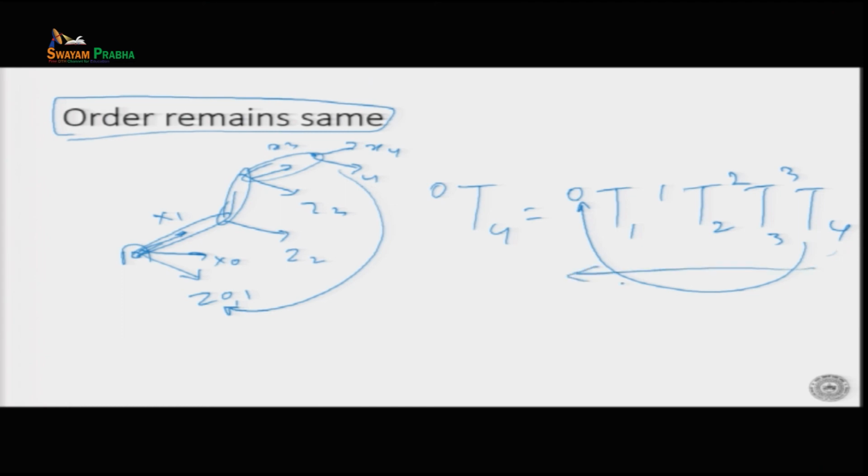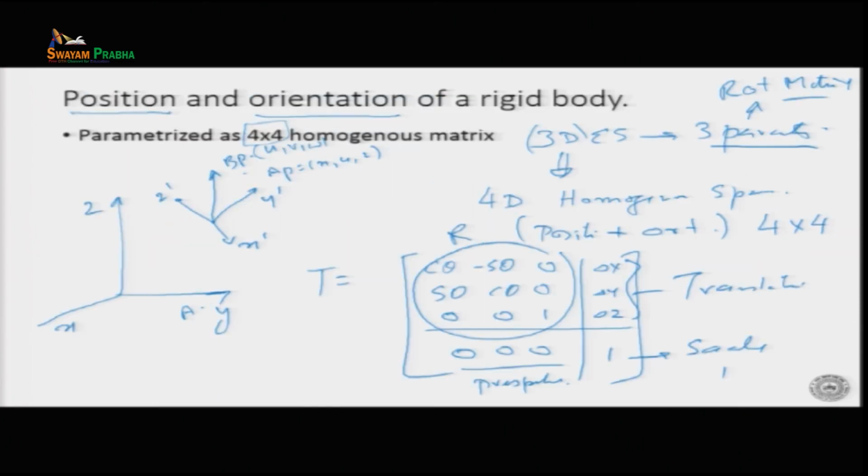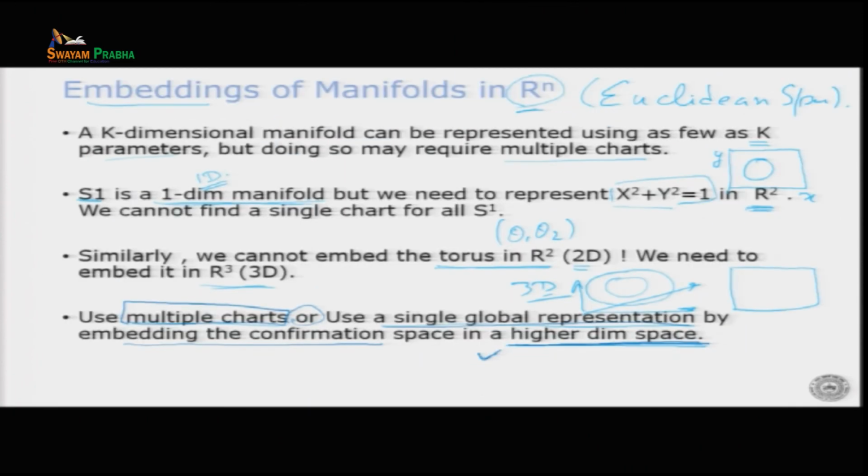So, this gives us the relationship between matrices, which are rotation matrix and translation and rotations together, and this we are trying to answer because we looked at how do you embed the manifold in Euclidean space. We saw that what we do is we use a single global representation by embedding the configuration space in a higher dimensional space.